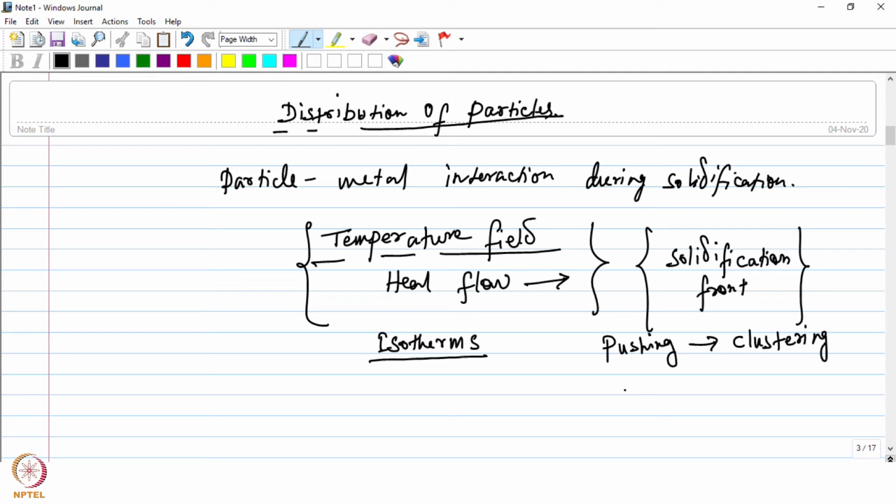Whereas if the solidification front engulfs the particles, then it will lead to uniform distribution.